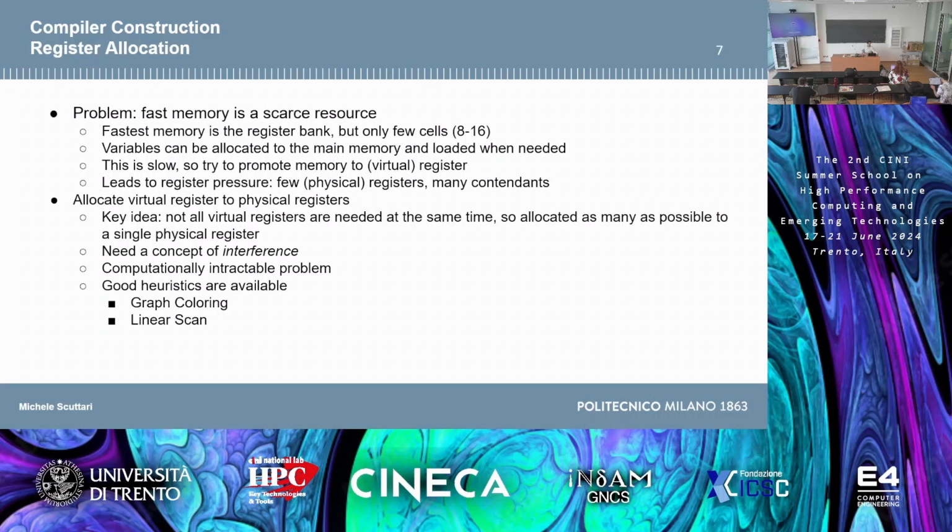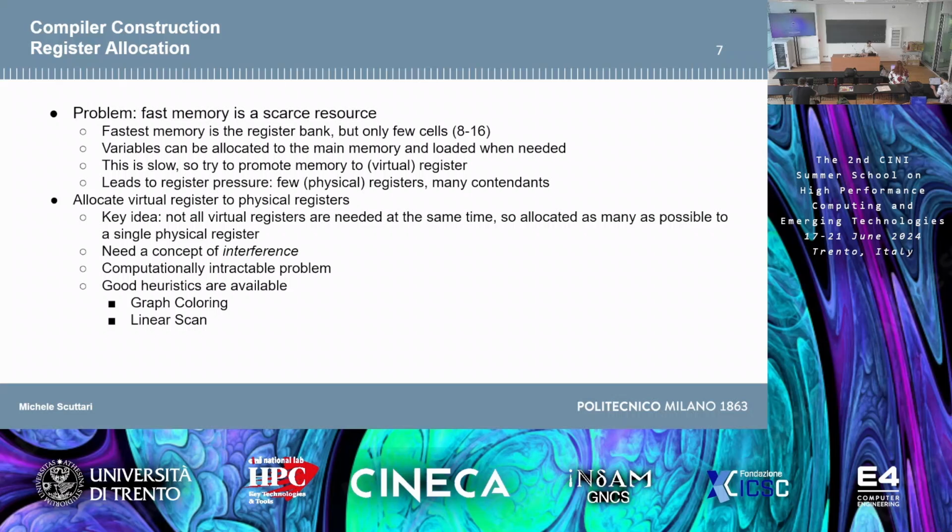So what happens when we need to perform optimization? Which optimizations? Well, I will start with register allocation. Why? Because really it's a mandatory step. You could do a very, very trivial register allocation, but it would lose a huge amount of performance. Why? Because fast memory is really the scarcest resource in a machine.